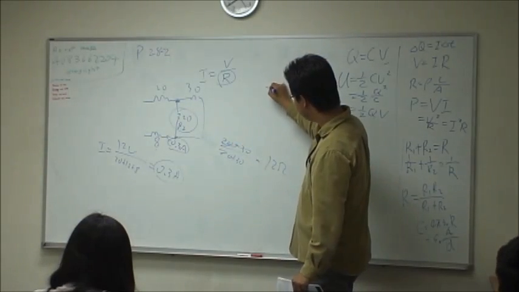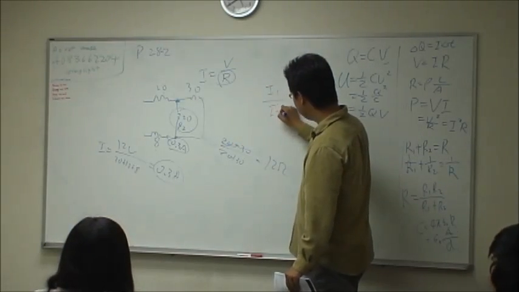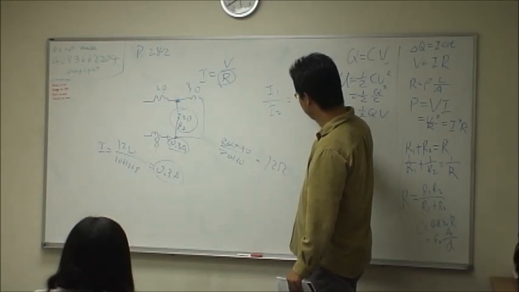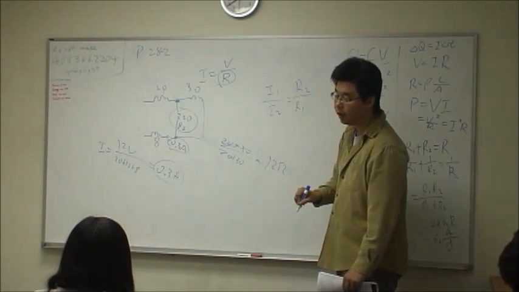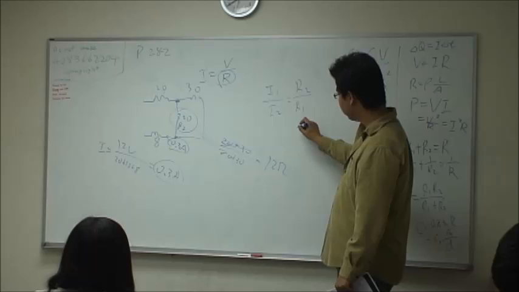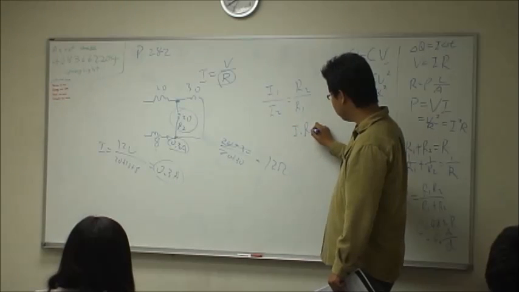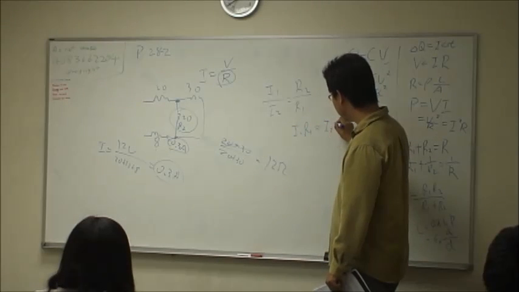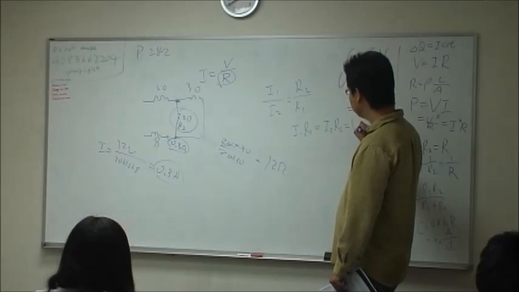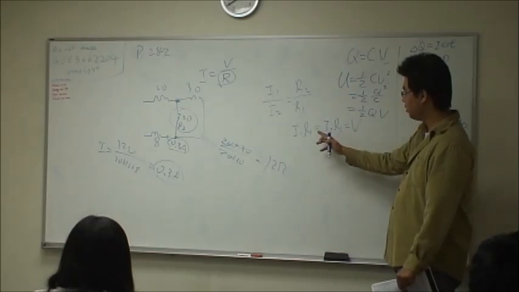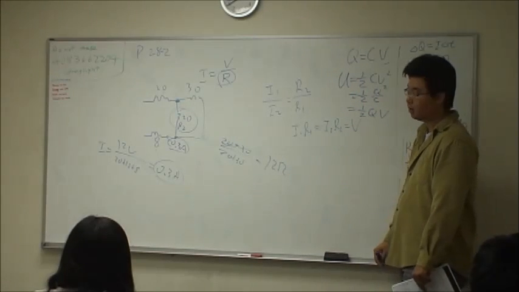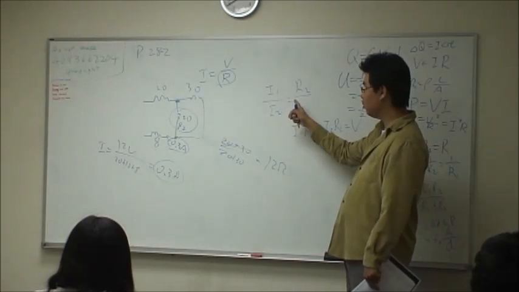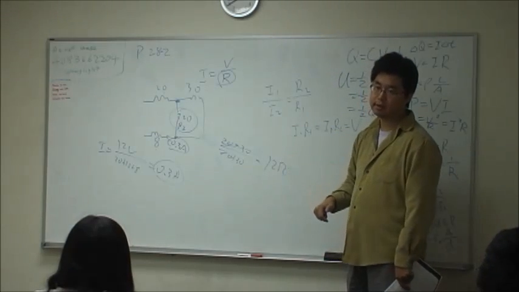What we have here is that I1 over I2 is equal to R2 over R1. If you do it the other way, it's I1 times R1 is equal to I2 times R2 equal to the voltage. This is two resistors in parallel to each other. So the current will be inversely proportional to the resistance.